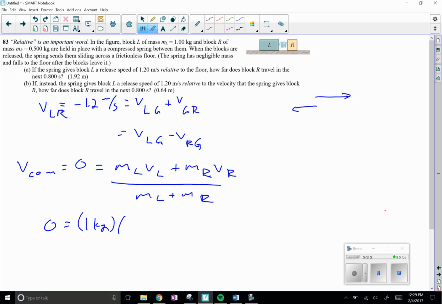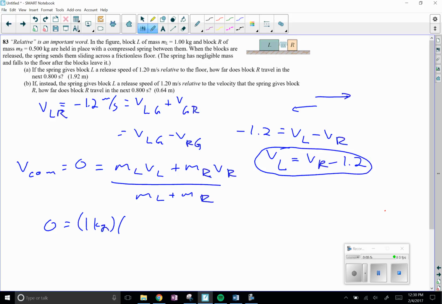Oh, I didn't finish my algebra over here. We've got negative 1.2 equals the velocity of block L relative to the ground minus the velocity of R relative to the ground. So that means the velocity of L is the velocity of R minus 1.2. So that's what's going to go here.